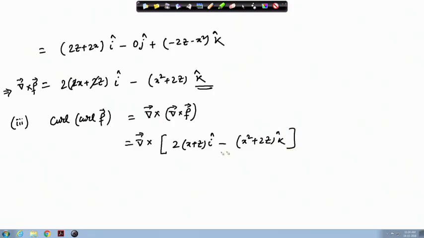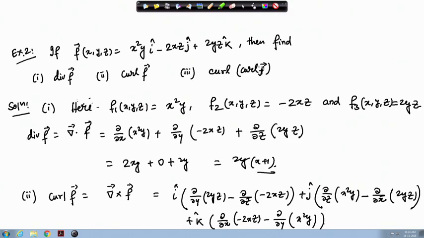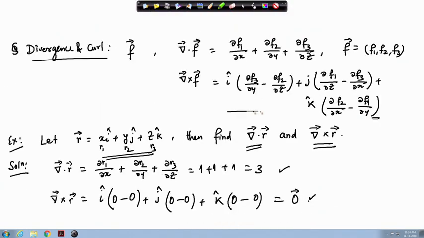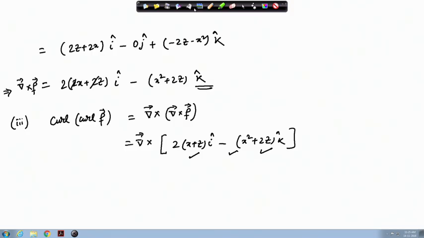So, here we have to identify our f1, f2 and f3, and then put everything back in this formula, and we would obtain our required result. I am leaving that task up to the students. Doing this is not complicated. You can identify the 3 components and just follow the previous formula, and that will give you the required result.